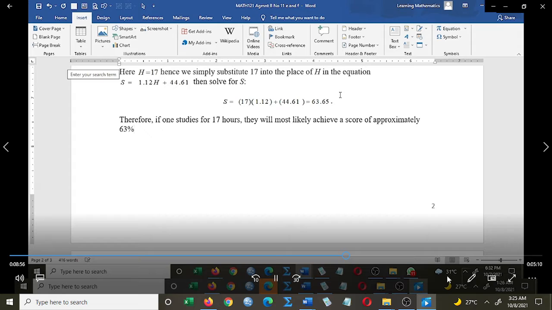And all of this is according to the linear model.